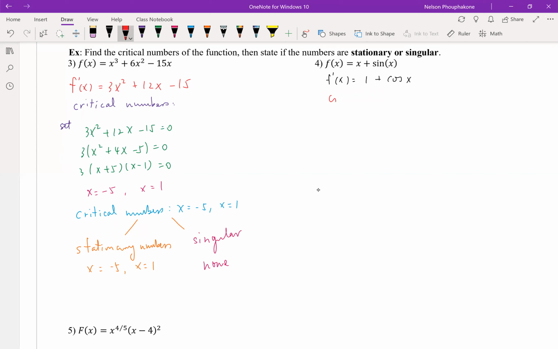Then we would like to find the critical numbers and stationary numbers. Then we will set 1 plus cosine of x equal to 0. Then I have cosine of x equal to -1.